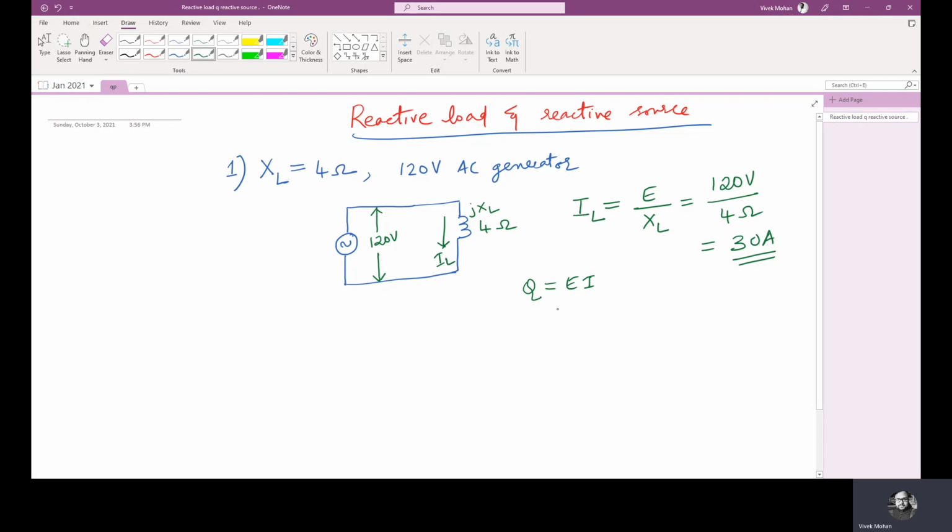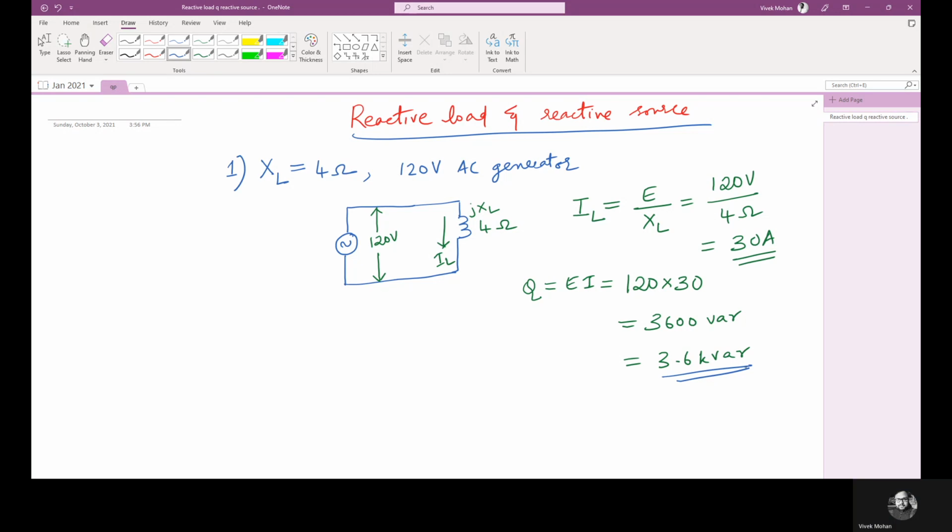So EI equals 120 volts into 30 amps, which is equal to 3600 VAR, which is equal to 3.6 kVAR. So this is the reactive power associated with the reactor.